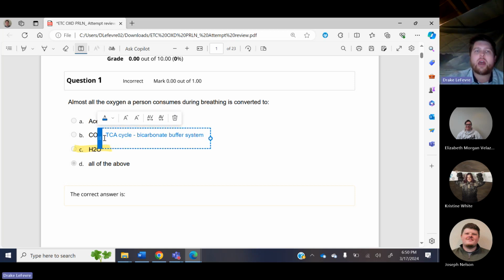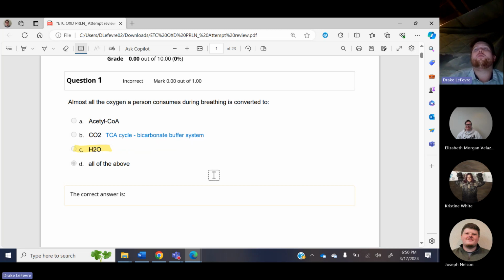And carbon dioxide, because it's acidic, we need a way to transport it properly in the blood without messing up our pH. So we have a buffer system where we turn the carbon dioxide into bicarbonate to get it into the blood and transport it.